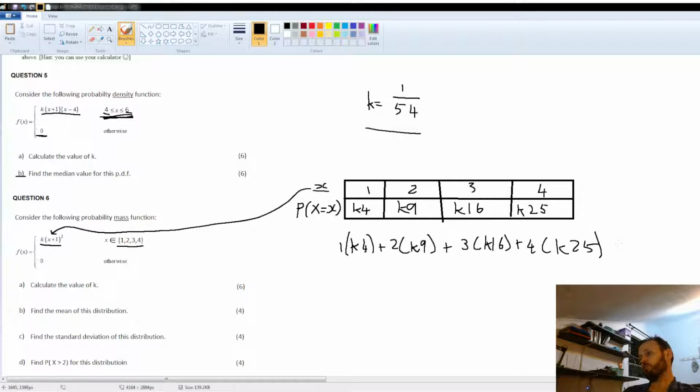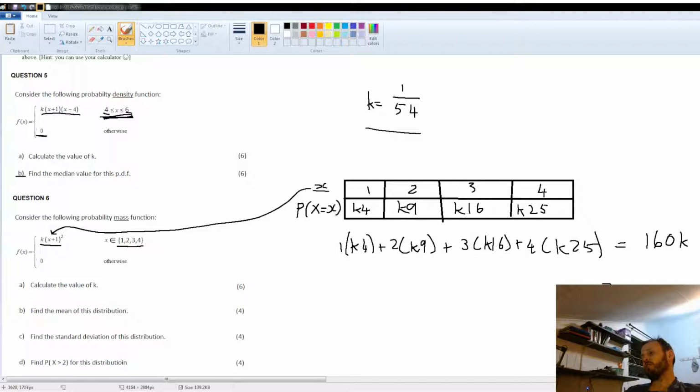I'm not going to do this, but you work it out. Well, I guess we can. This is 100k plus 48k is 148 plus 18, 156.